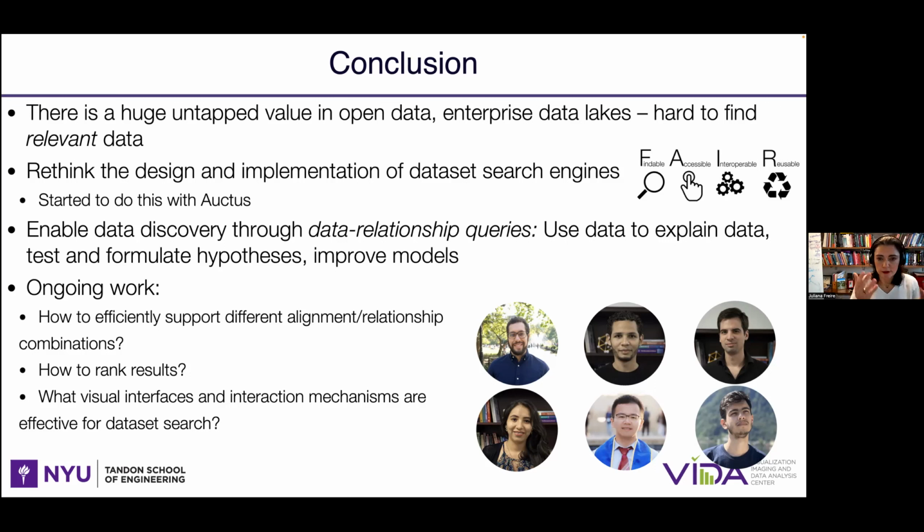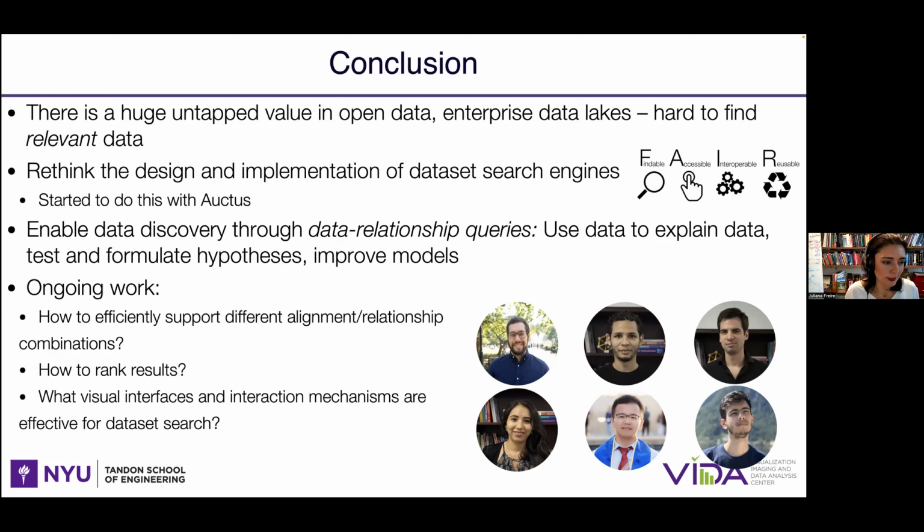I showed the shape of these relationship queries, alignment and relationships. So we've been looking at approaches to efficiently support a rich set of alignments, different kinds of alignments and relationship combinations, and how to do this efficiently, and actually support additional discovery needs.